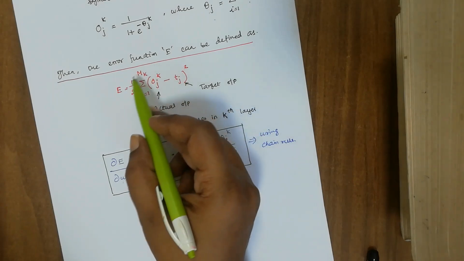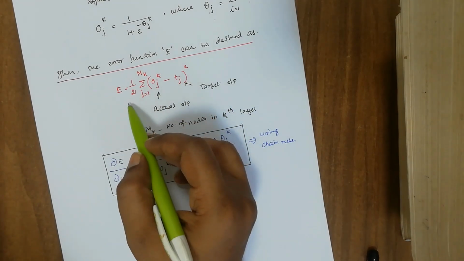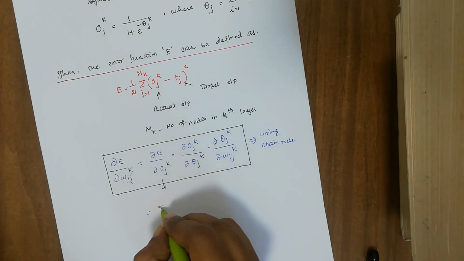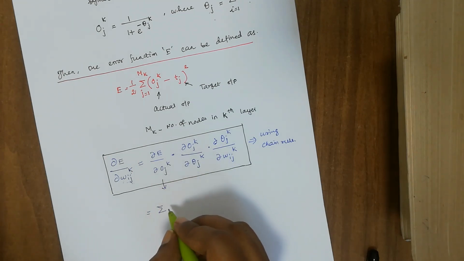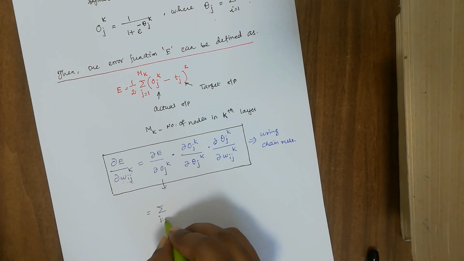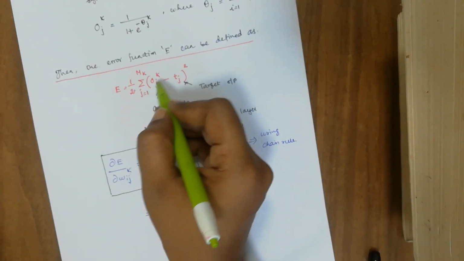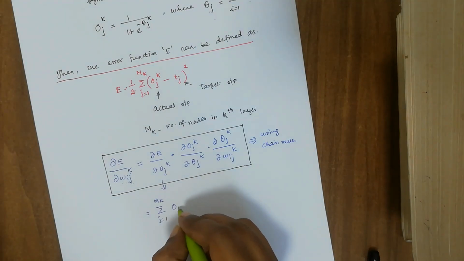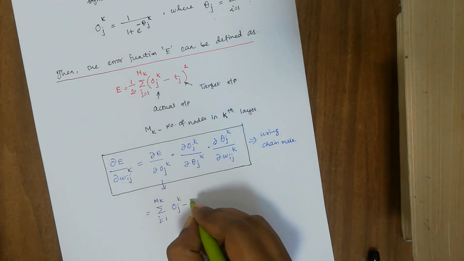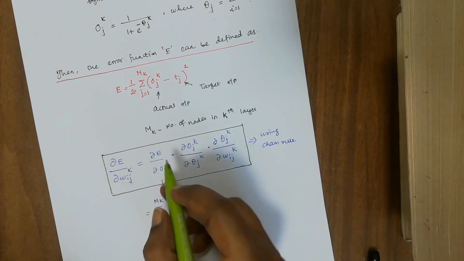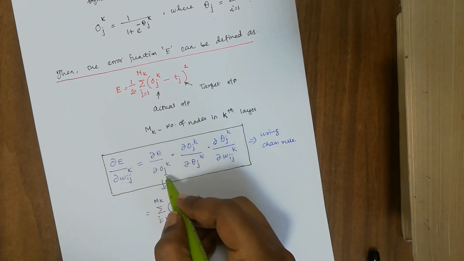If we take the derivative, the 2 gets cancelled, and what we obtain is the summation of j equal to 1 to m capital K. So this 2 gets cancelled, and what is left is Ojk minus Tj. This is the derivative of E with respect to Ojk.